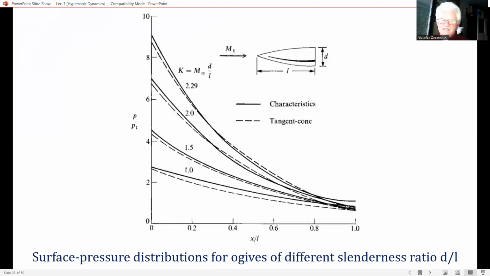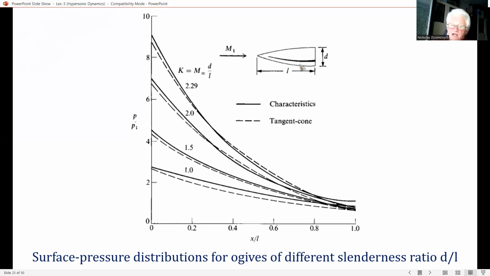Results obtained with the tangent cone method as applied to a pointed ogive are shown in this slide. Here the surface pressure distribution is plotted versus distance along the ogive, with the ogive form as you can see in this picture.